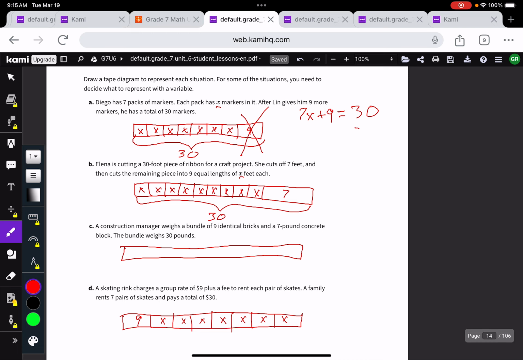Let's take off 9 from this 30. That means 7 packs of markers, 7 times however many are in each pack, gives us 21. So now it's kind of like saying 7 times what is 21? And you might go, oh, x equals 3. I always like to circle once we know what x equals. That's part 2. We solved it, right?